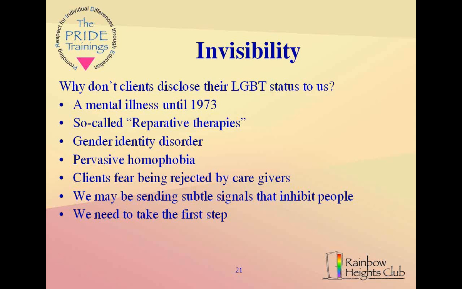Another way that you can take the first step to let LGBT clients know that you would like to affirm them is if you just have a little brochure of an LGBT mental health agency like Rainbow Heights Club or a little rainbow sticker on your front door. People are going to see that, because LGBT people are very sensitive about looking for clues about who's going to be safe to disclose to.